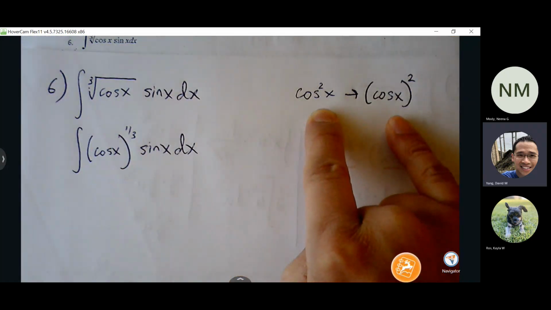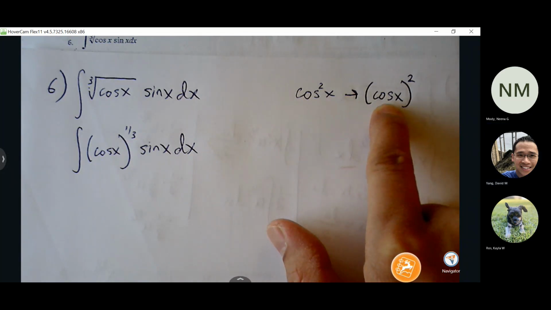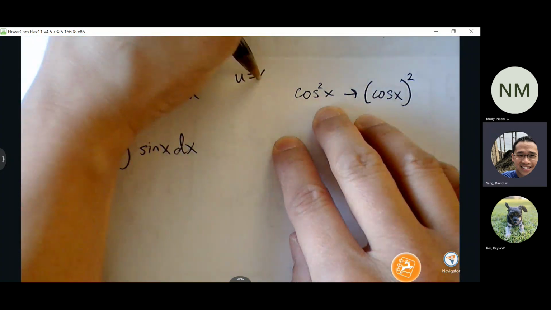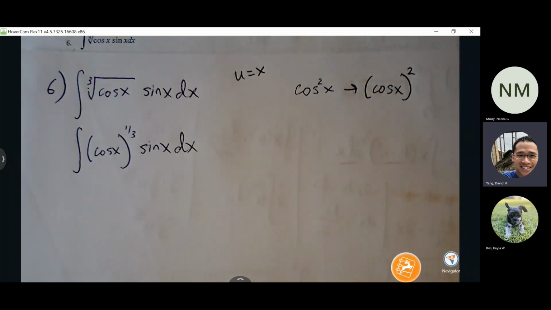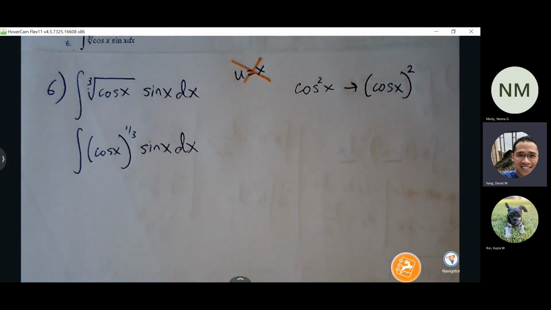Okay, that's what I was thinking, but then when we take the u, we take the u for the cosine of x, right? Yeah, if you're going through u substitution, your u is never just x. That's a little too small, and after u substitution, your problem should look a lot different than what you started with. So it's always more than just x.